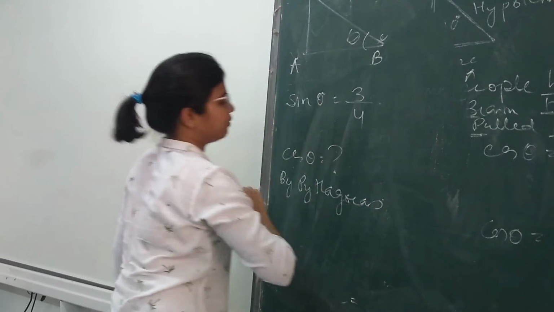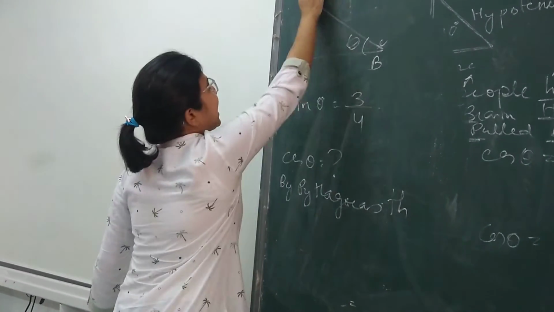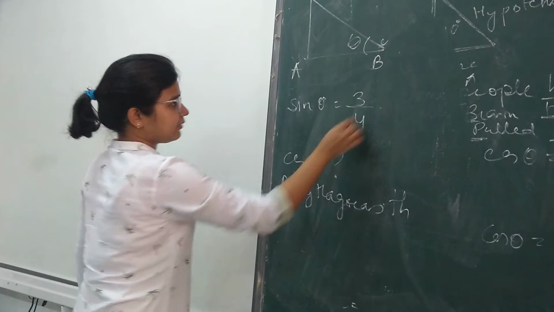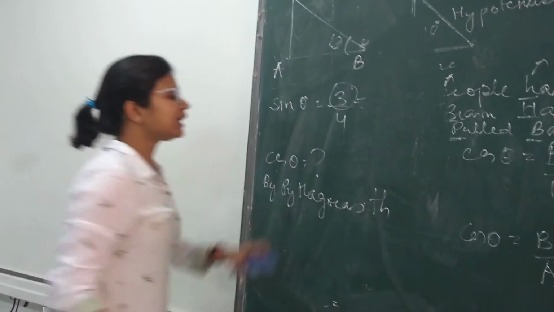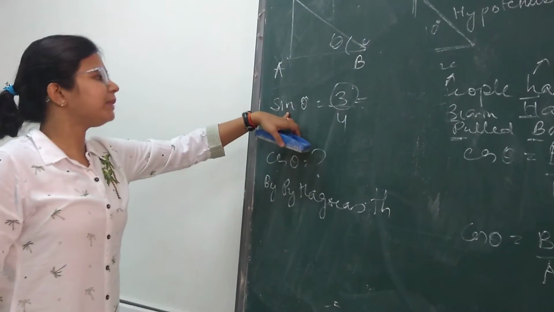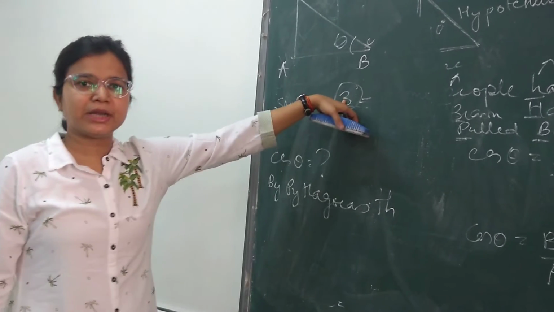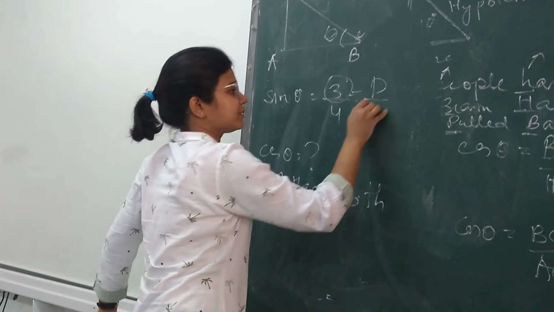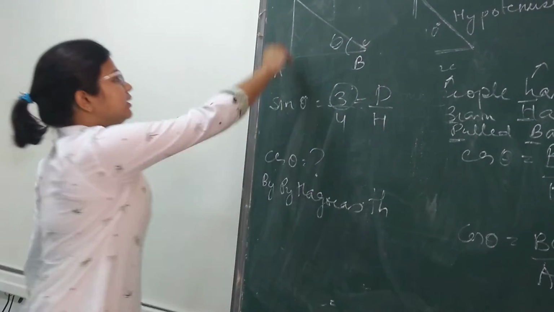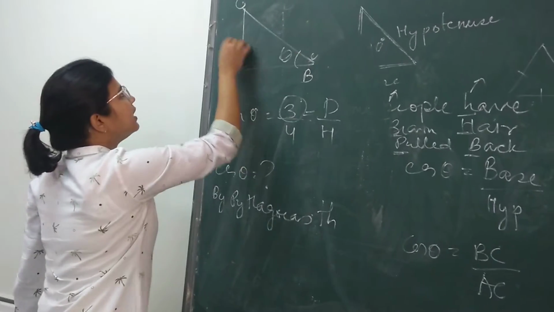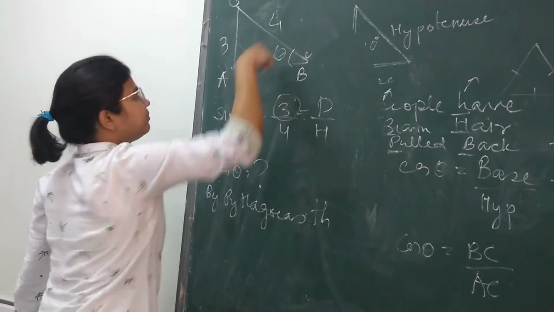By the Pythagoras theorem, what we know is the hypotenuse square. See, first we have to make out that if 3 is sine theta, then definitely this is the perpendicular and this is the hypotenuse. And we will put the values. This is 3 and this is the hypotenuse 4.